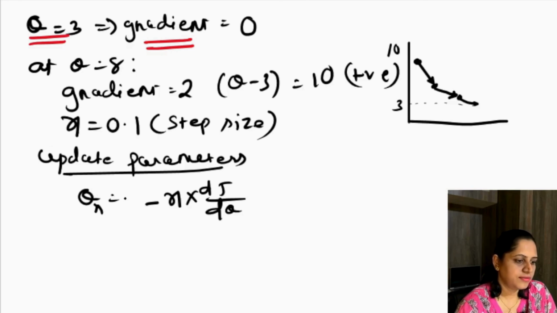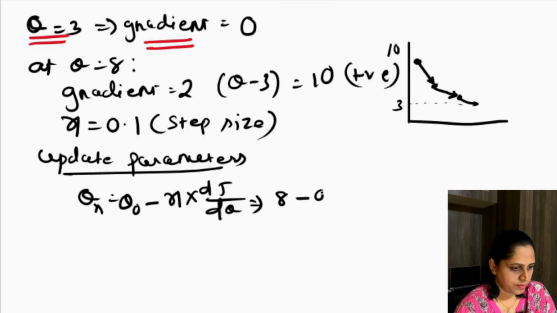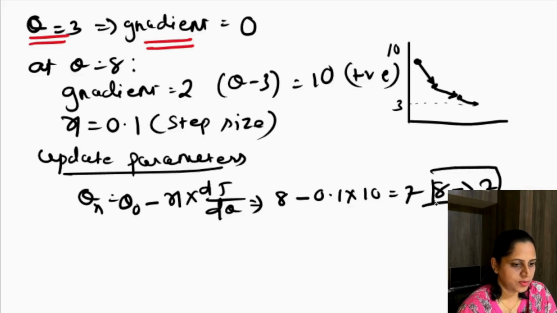So with that, I will get 8 minus 0.1 into 10, which is 7. So my 8 becomes 7 at this point, right?